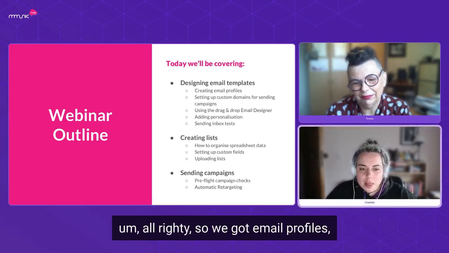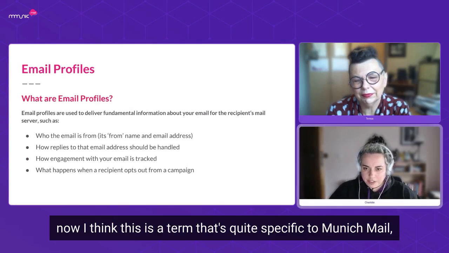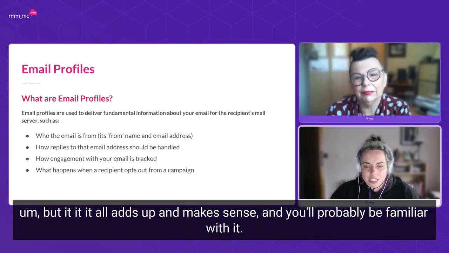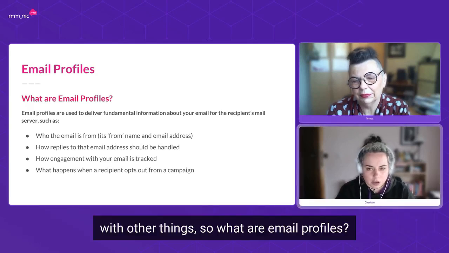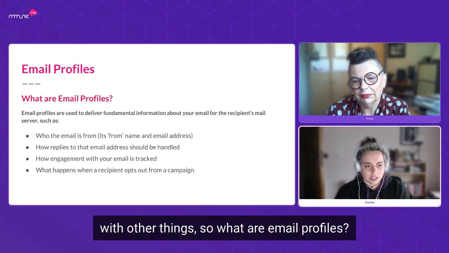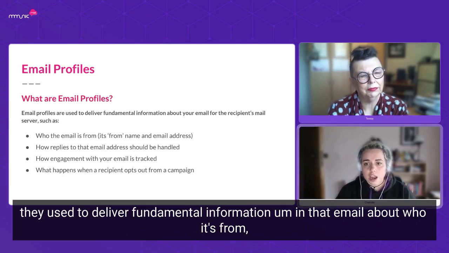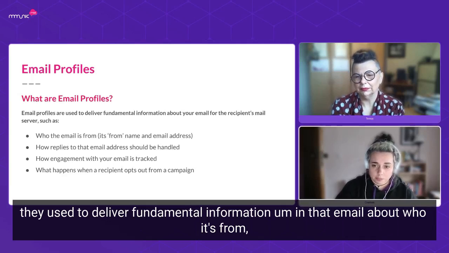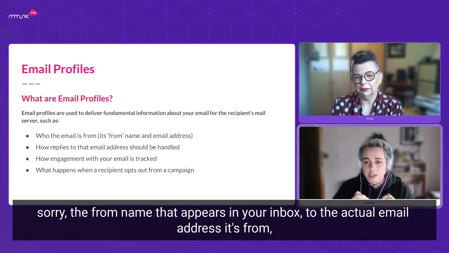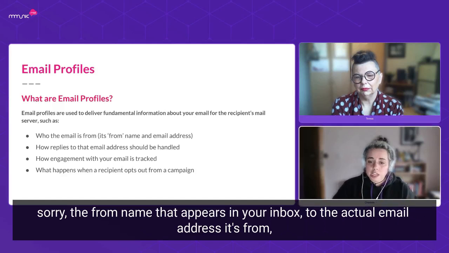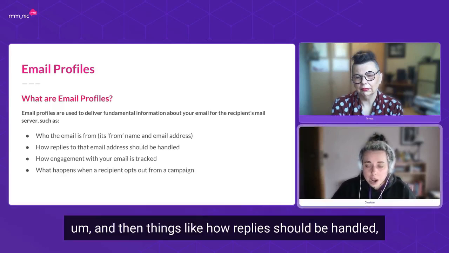All righty. So moving on. Email profiles. I think this is a term that's quite specific to mmunicMail, but it all adds up and makes sense, and you'll probably be familiar with it from other things. So what are email profiles? They're used to deliver fundamental information in that email about who it's from, and that will include the from name that appears in your inbox, the actual email address it's from, and then things like how replies should be handled.